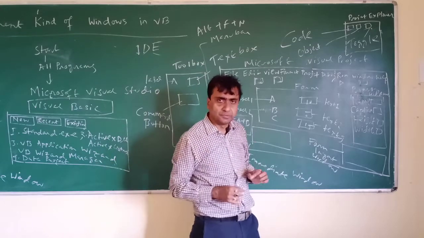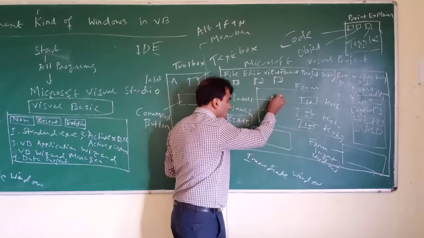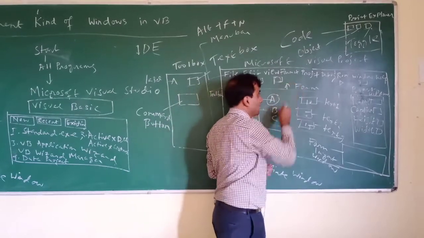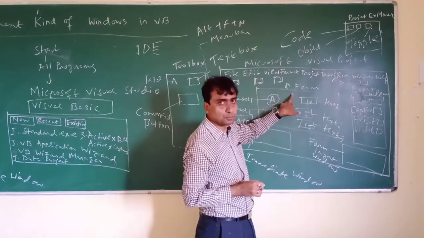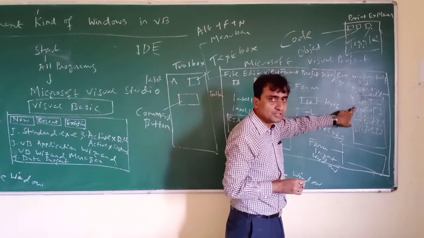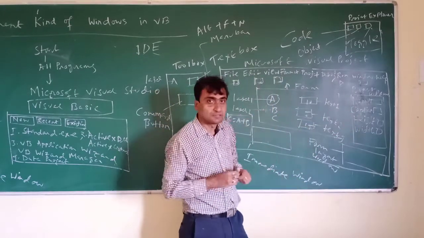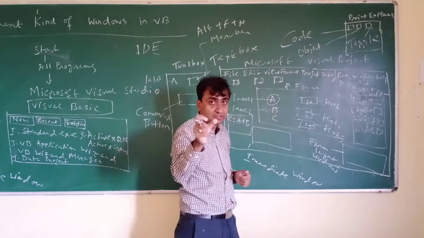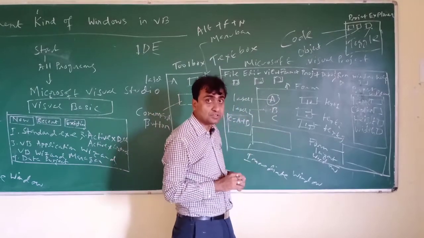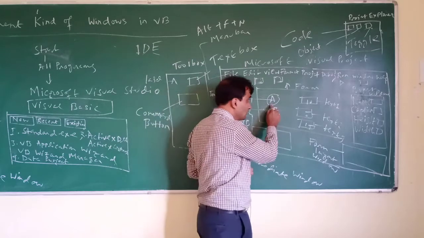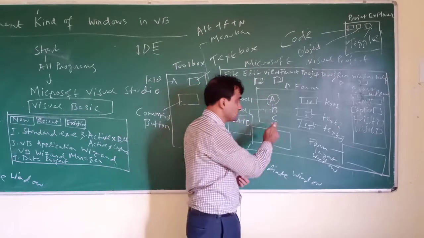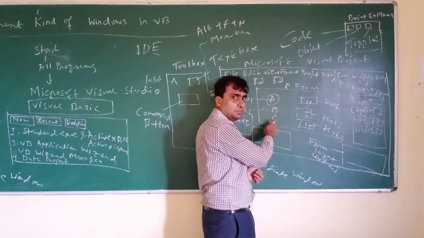Now what is the property window? Every object is having some property. See this form. This form is having some property. Name of the form. Caption means which is displayed for us. This is called caption. The heading which is displayed for you, that is called caption. Like initially it was label 1 here, initially label 2, initially label 3.